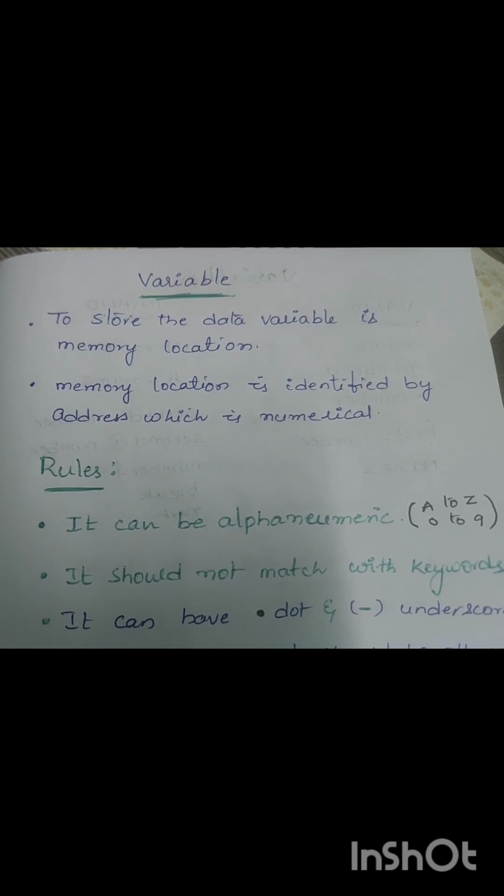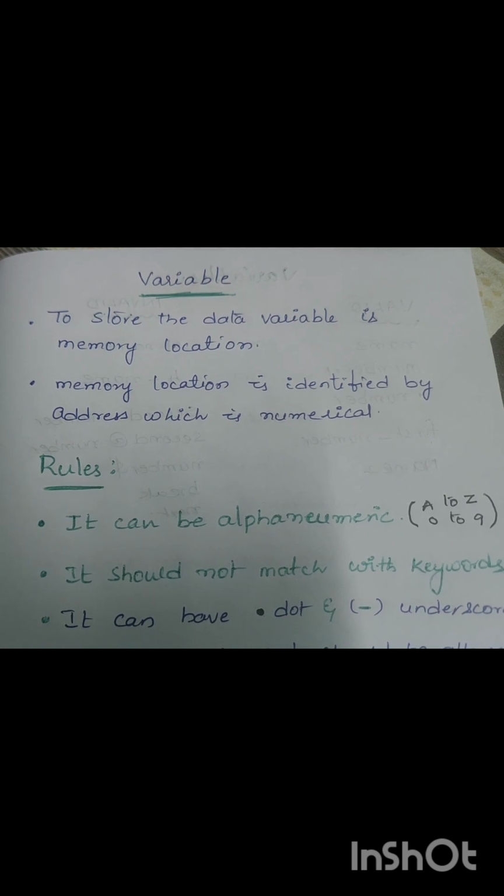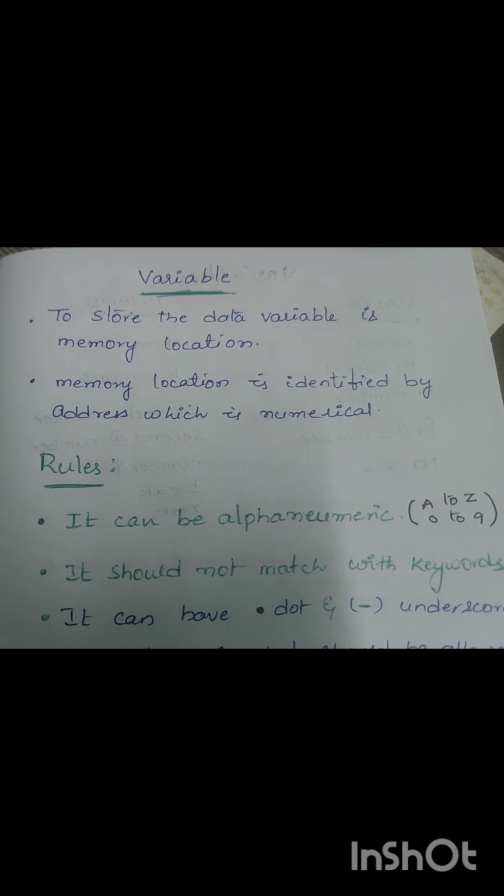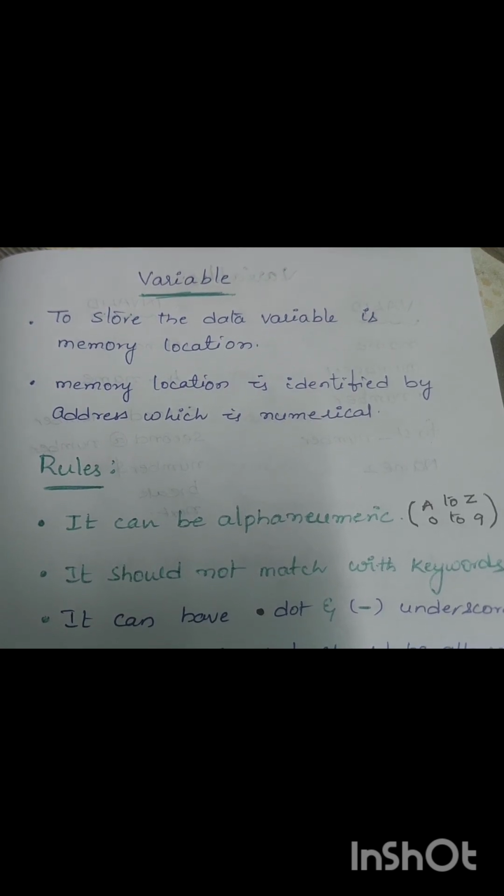When writing code or giving commands, the input and output should be stored somewhere. To store the input and the output we need some memory, so for that memory location we assign one variable.